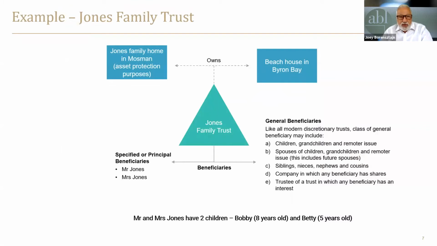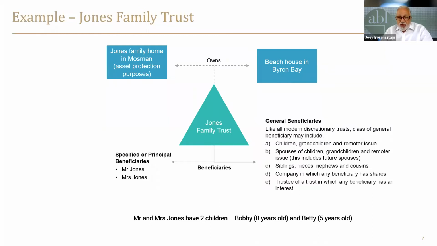So by way of example, consider this. The Jones Family Trust owns the family home in Mossman for asset protection reasons, and it also owns a beach house in Byron Bay. Mr. and Mrs. Jones are the specified or principal beneficiaries of the trust.